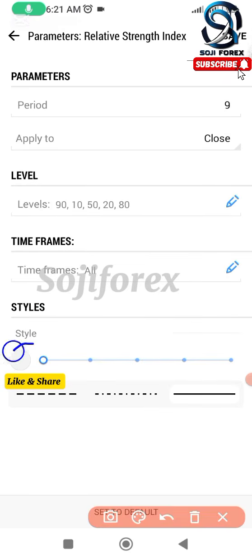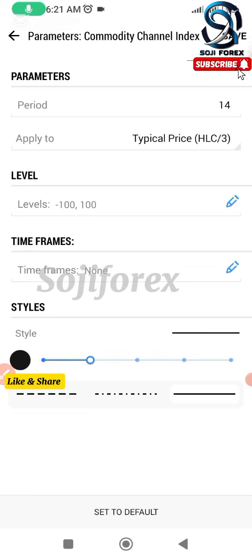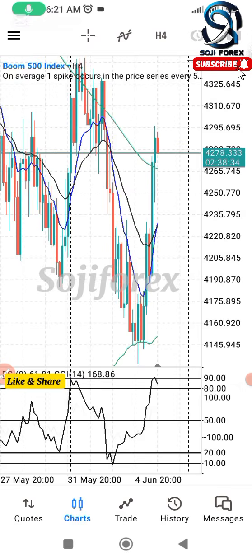And as for the styles, which is the color here, you change it to the color of your background. So if your background is black, change it to black. And then afterwards we have our Commodity Channel Index, just as you can see. If you have done your settings correctly, your chart will be looking exactly like mine.